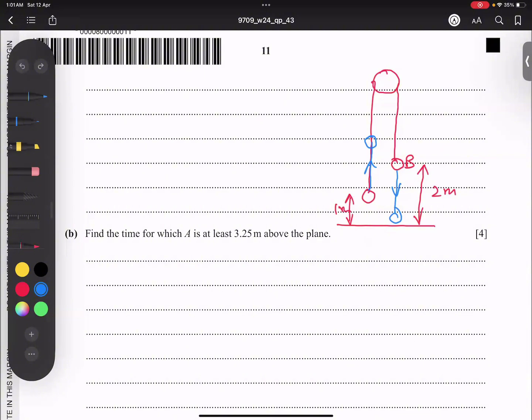The speed is very important. Actually, this is a 2 meter fall, and this is a 2 meter rise. So I'm writing this arrow here. You can understand this is 2 meters up, but I'm looking for 3.25. So this is 3, and I need 0.25 more. So let's say this distance is 0.25, and this particle is here.